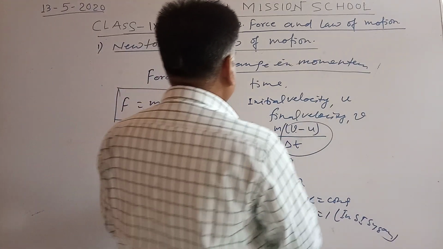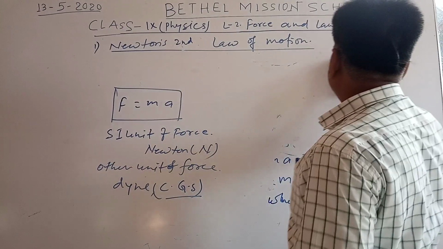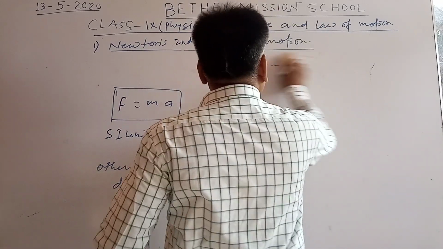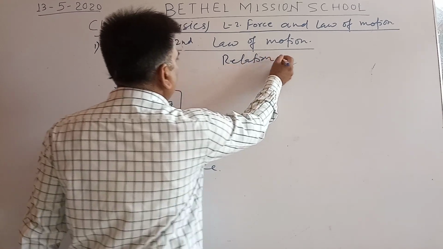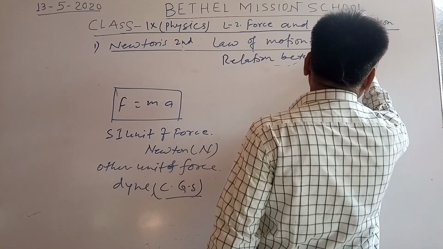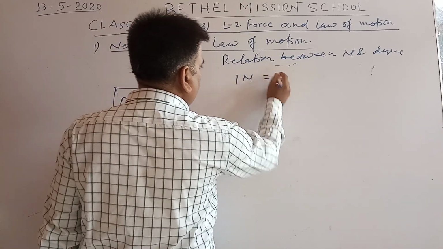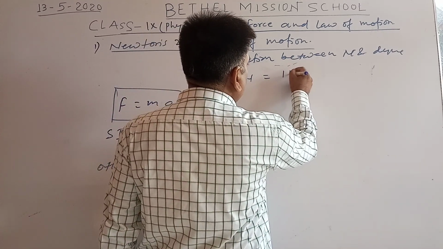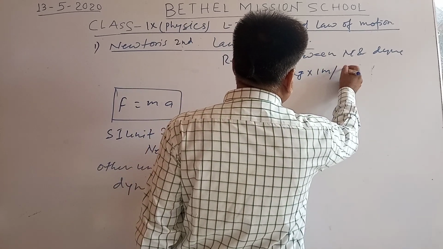There is a relation between Newton and dyne. Here we will see the relationship between Newton and dyne. 1 Newton equals 1 kg into 1 meter per second square.